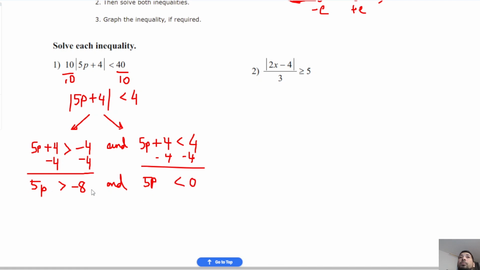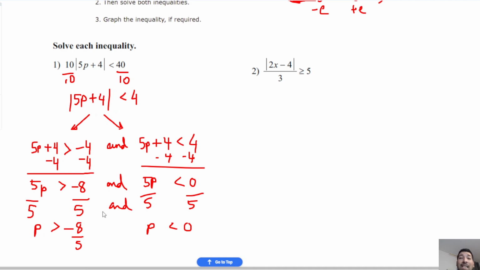To find p, we divide both sides by 5. So here we divide this by 5, and we divide this by 5. So we have p greater than -8 over 5. And for this one, to find p, we divide both sides by 5 here as well. We get p less than 0.